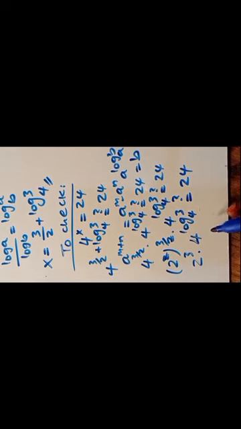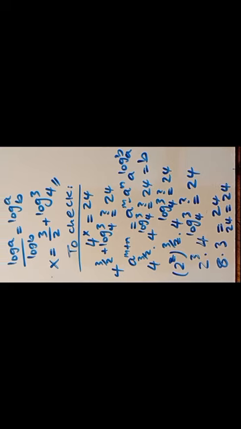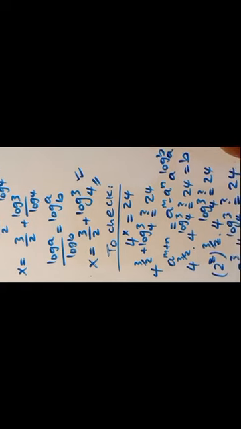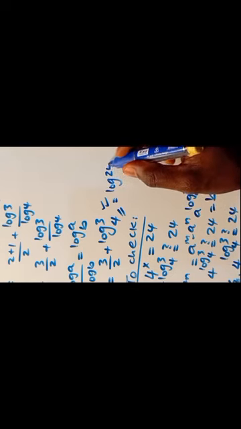So coming to this place, 2 to the power of 3 will be 8, times, the same base here will give 3, equals 24. 8 times 3 is 24. Since the left hand side equals the right hand side, this implies that the solution we got from the above is correct. And we can also leave the answer as x equals log 24 in base 4.